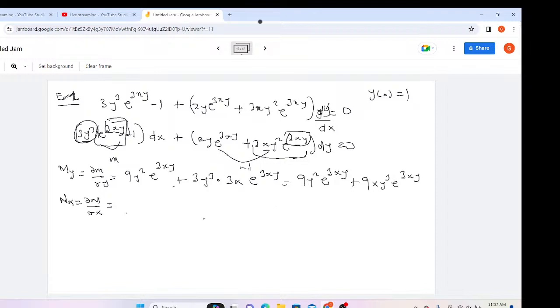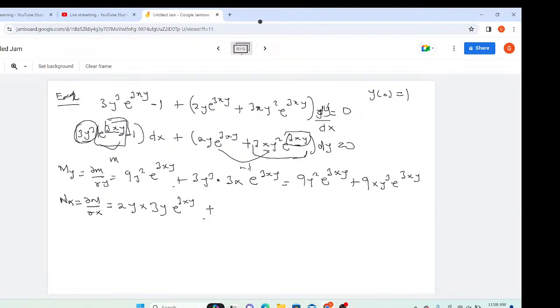And then with n, I want to differentiate this with respect to x. There is no x here, I just have x here, so this will be quite easy. I differentiate what's here and multiply with that. So I get 6y squared e to the 3xy. Plus, this has x here and this one has x here, so I'm going to differentiate using the product rule.